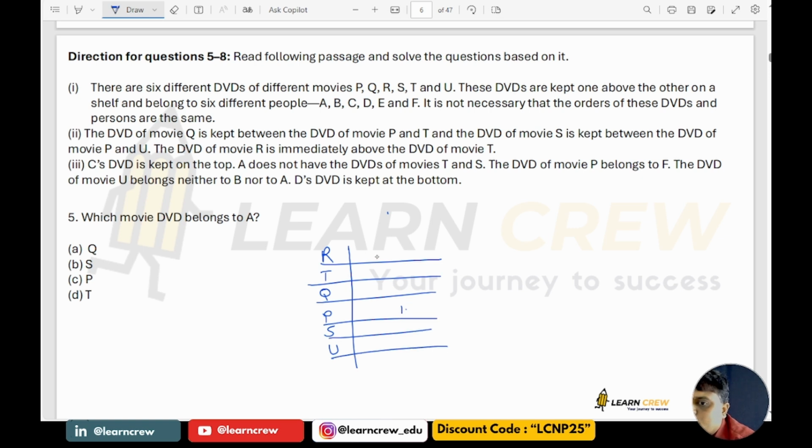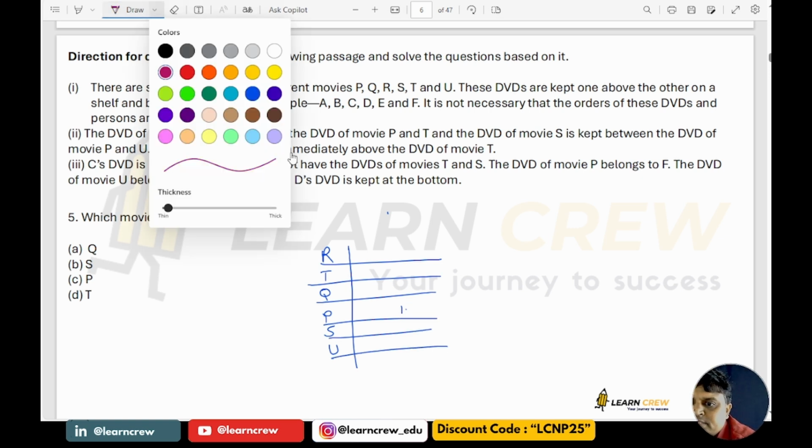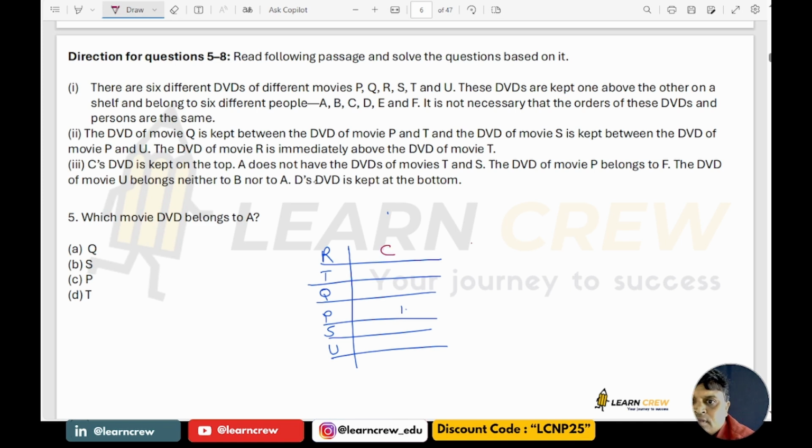C's DVD is on the top, so this would be C. A does not have DVDs of movie T and S, so this is not A, this is also not A. The DVD of movie P belongs to F. This is F. The DVD of movie U belongs to neither B nor A. So U does not belong to B, and U does not belong to A. The only option for A is this one.